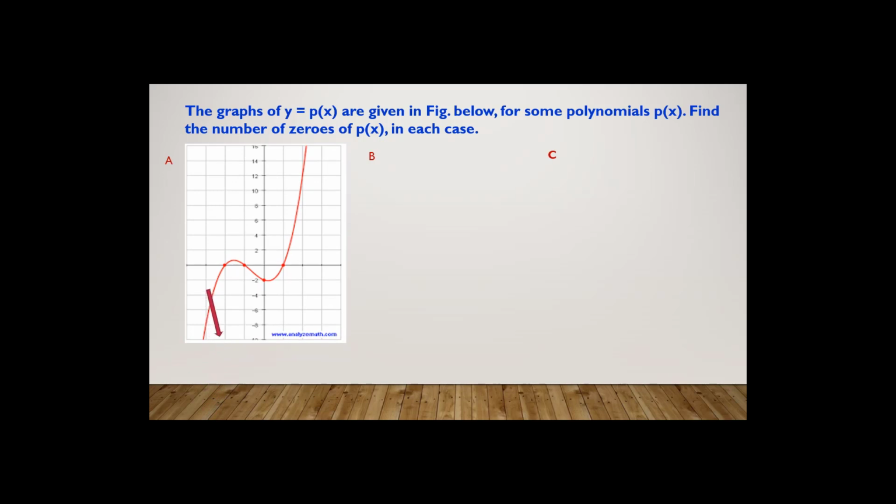I have even given you hints. They are in the form of arrows. These arrows are depicting that the graph is cutting the x-axis at these 3 points. So how many zeros are there in this graph? Yes, very right. 3 zeros.